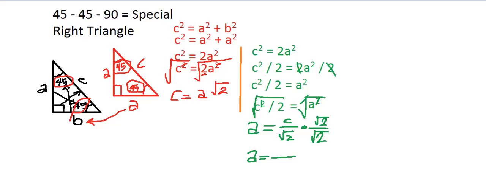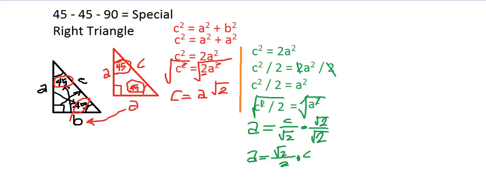the square root of 2 over 2 times c, whatever the length of your side c. Why is it 2?